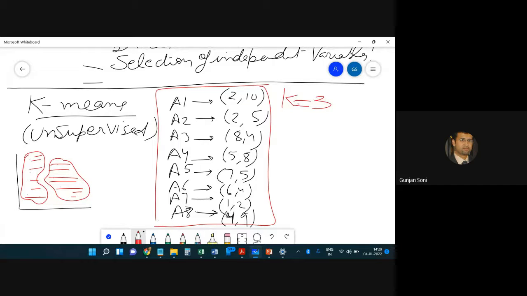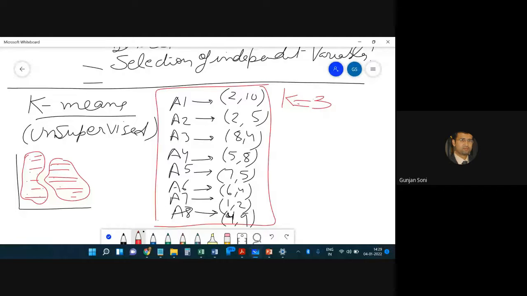Now, 3 points are taken as centers, or you can say they are taken as initial cluster centers.